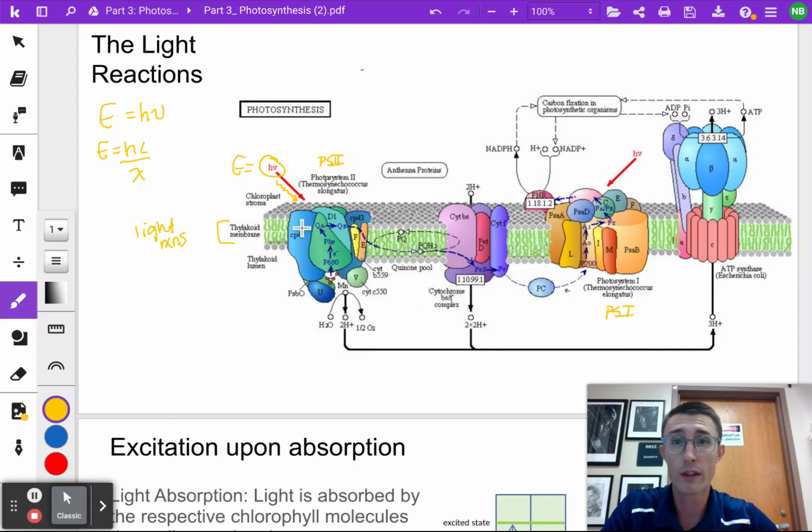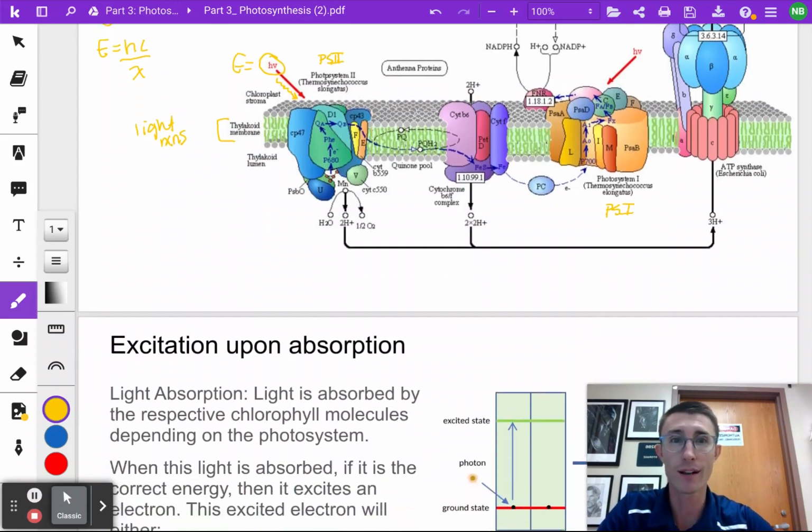These are protein complexes. Each of these are transmembrane proteins. We can see them spanning the thylakoid membrane, and so they have a specific organization that allows their function to be carried out. So we're going to take a look at what is going on within these protein complexes of the molecules to allow this to create energy.